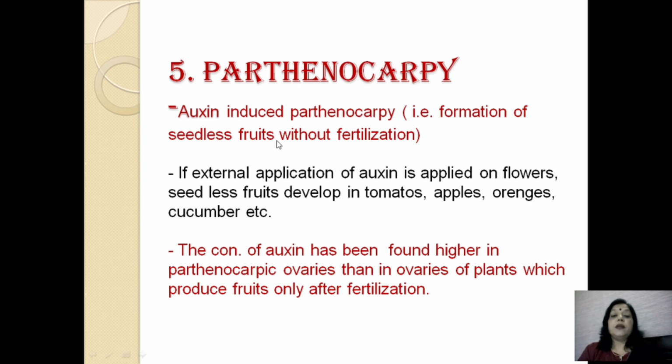Parthenocarpy. The formation of seedless fruits without fertilization is known as parthenocarpy. And auxin-induced parthenocarpy: if external application of the auxin is applied on flowers, seedless fruit develop in tomato, apples, oranges, cucumber, etc. And it has been found that in parthenocarpic ovaries, the concentration of the auxin was higher than in ovaries of the plants which produce fruits only after fertilization.